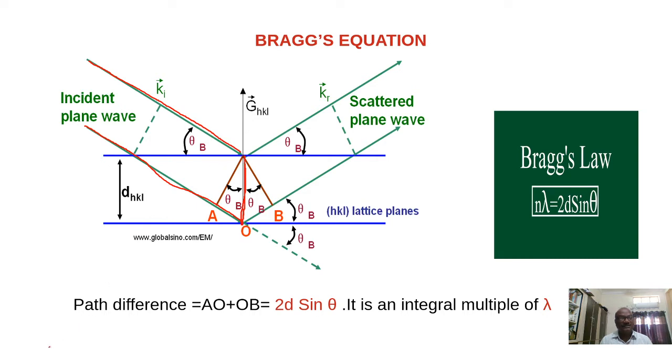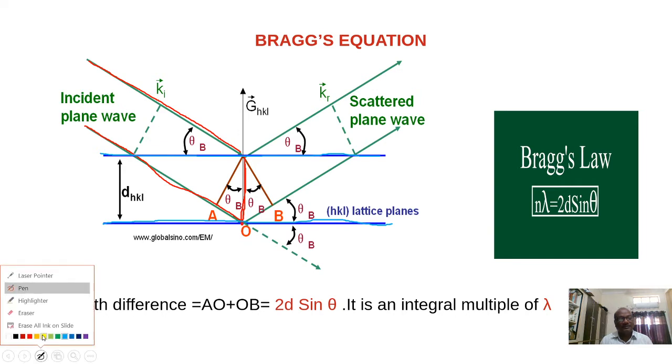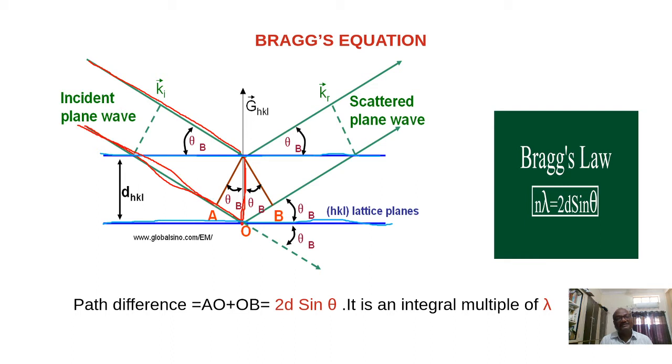Whereas these blue colored lines are nothing but the crystal planes. This is the first plane and this is the second one. So on these planes, what is happening? Here the X-rays are diffracting from the successive planes of the crystal.